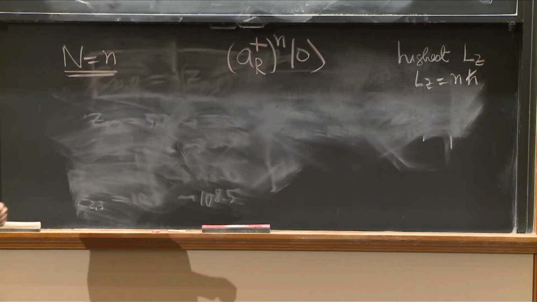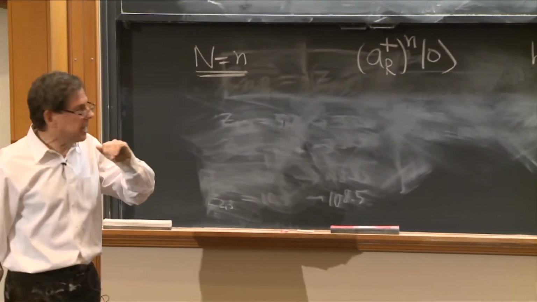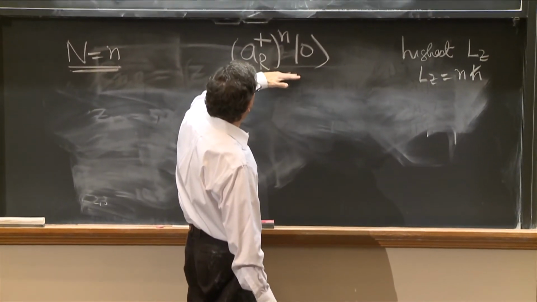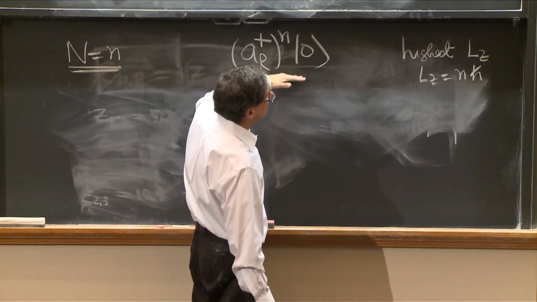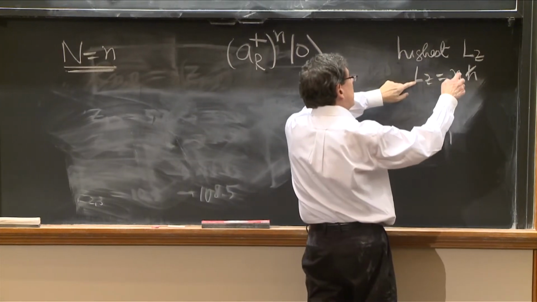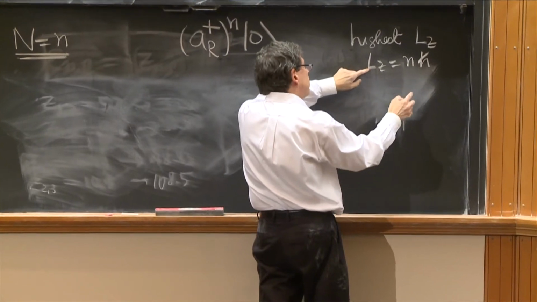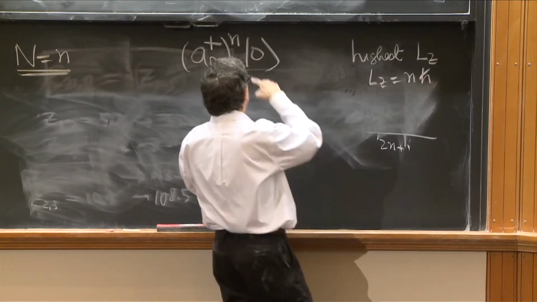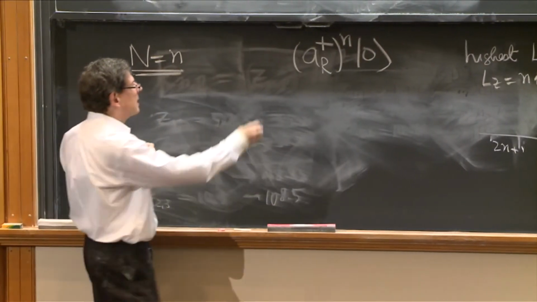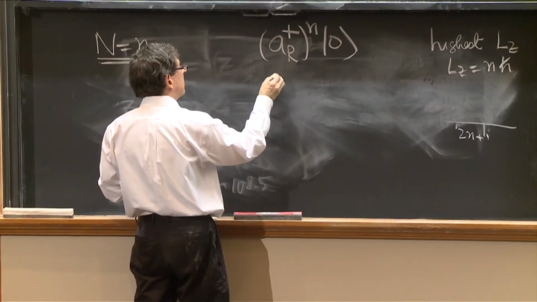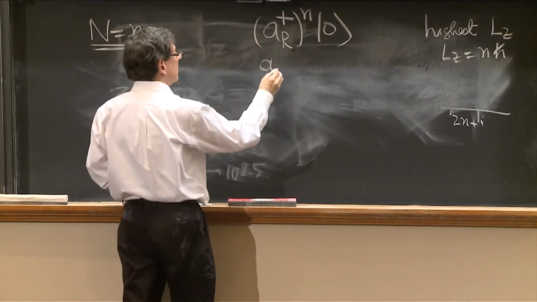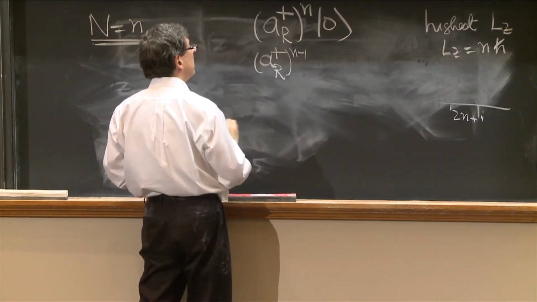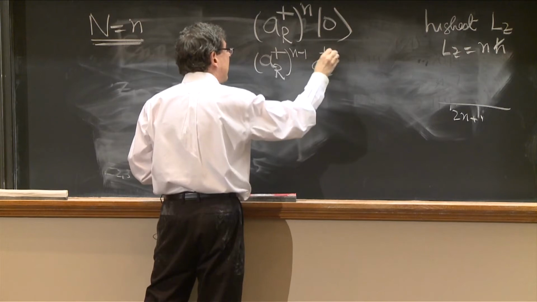Now let's try to build a state with a little bit less Lz. You see, if this is a multiplet, this has to be a multiplet with some amount of angular momentum. So it's going to go from Lz equal n, n minus 1, up to minus n. There are going to be 2n plus 1 states of this much angular momentum, because this has to be a multiplet. So here you have a state with 1 unit less of angular momentum, A right dagger to the n minus 1, times an AZ dagger.